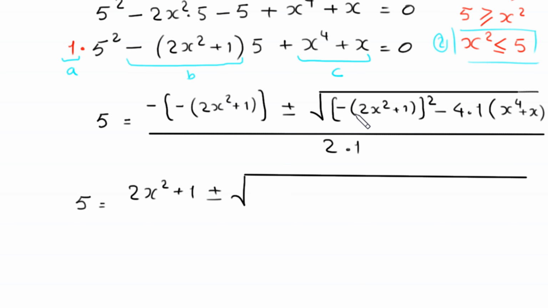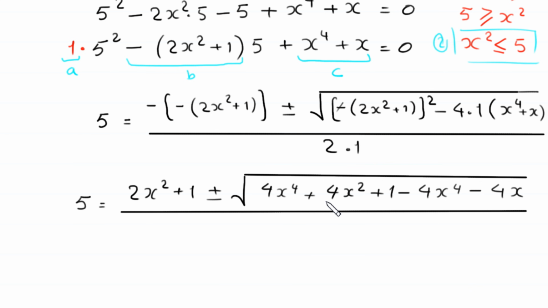Now because the square of a negative number is always positive, this minus will be cancelled, and 2x squared plus 1 whole squared is equal to 4x to the power 4 plus 4x squared plus 1, and this negative 4 times x to the power 4 is negative 4x to the power 4. Negative 4 times plus x, negative 4x, divided by 2 times 1, 2.